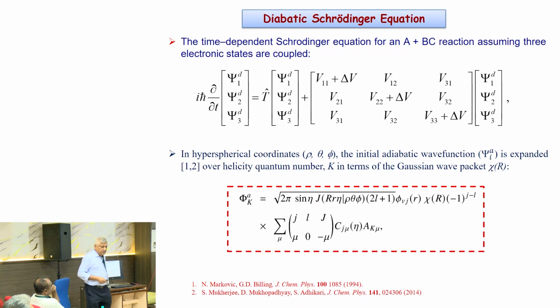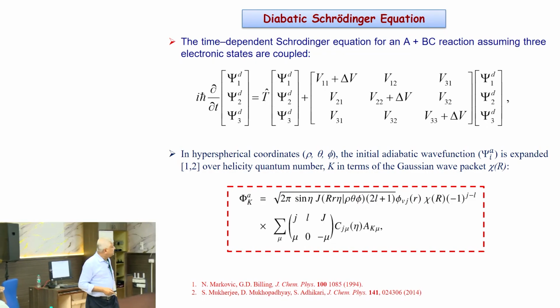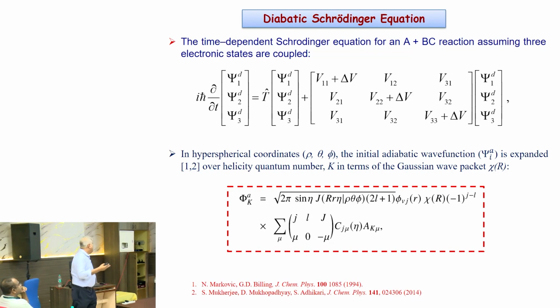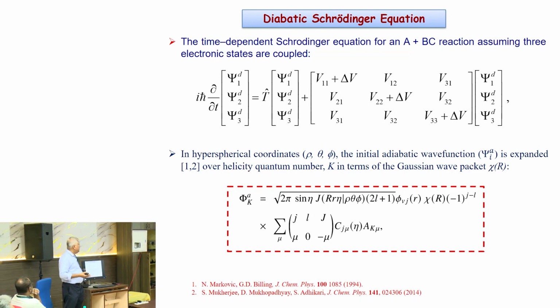Now, since my friend extensively worked at IIT Madras on the scattering problem, I wish to tell about scattering. Let's say three states are coupled in hyperspherical coordinates.